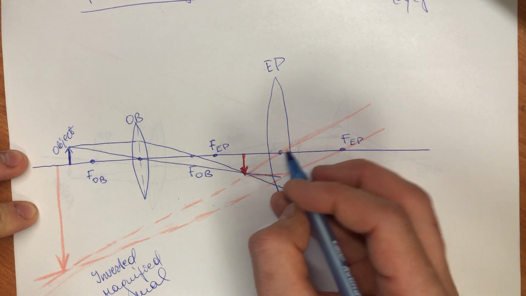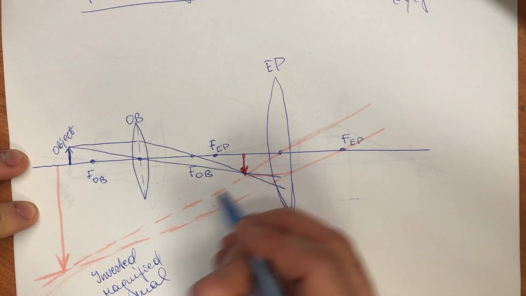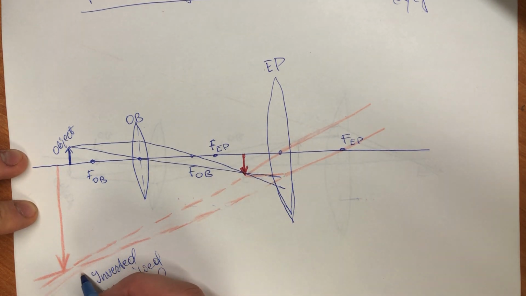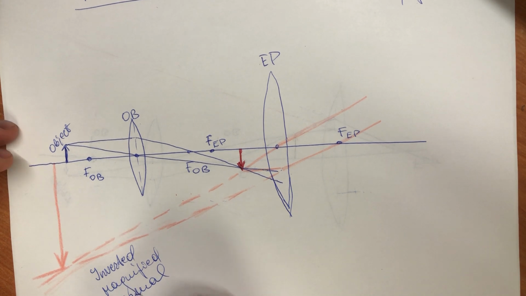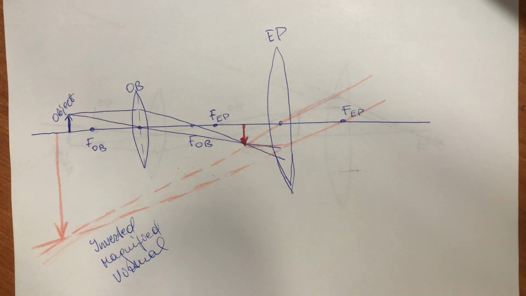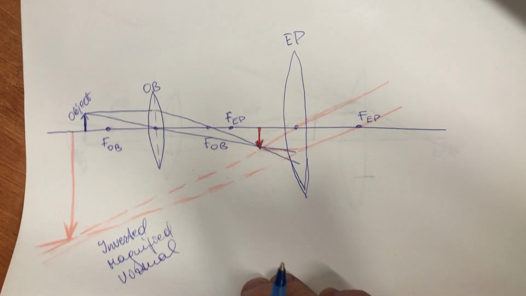Then, by extending the light rays, we get an inverted, magnified virtual image. So this is how it goes. Now this drawing is pretty much okay.